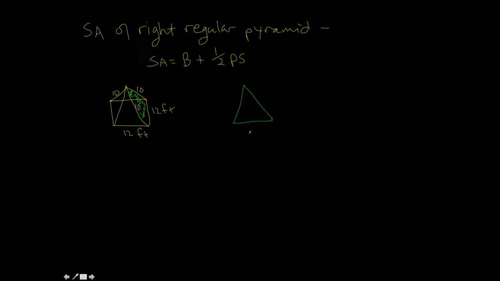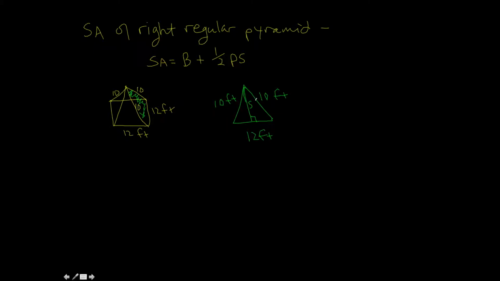Essentially what we have is a base of 12 feet, and each of these legs in this case would be 10 feet. Now, the slant height is the altitude of the triangle right here. This would be your slant height. Okay? So how are we going to get that?